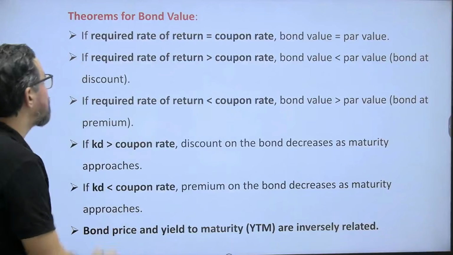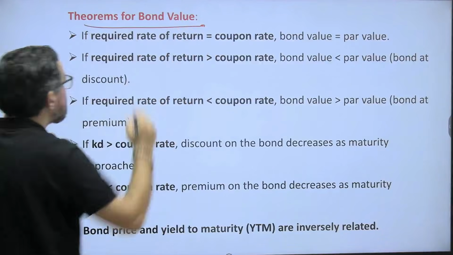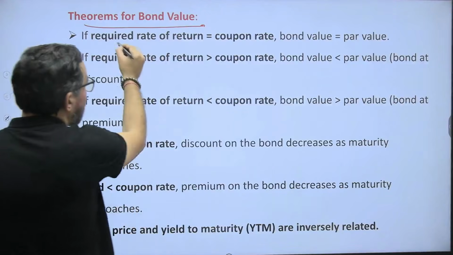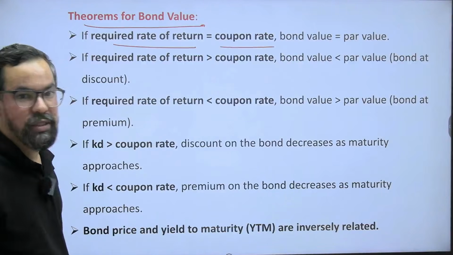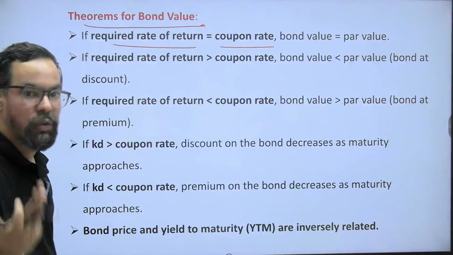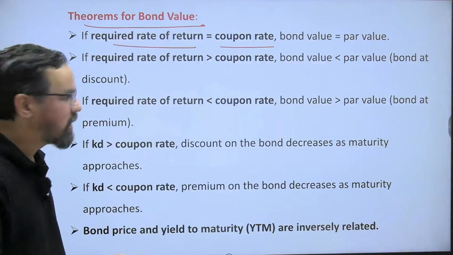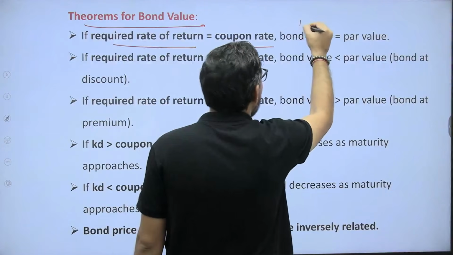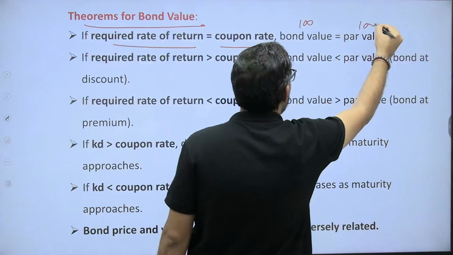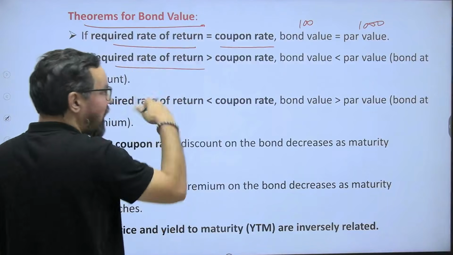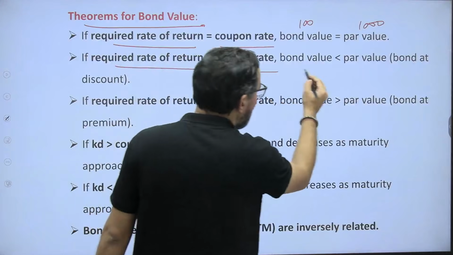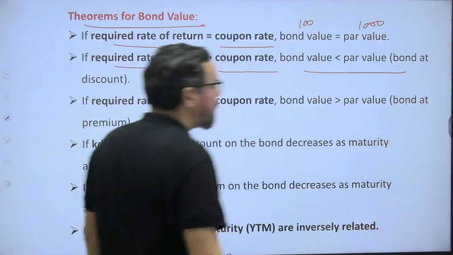So when it comes to theorems of bonds, if the required rate of return is equal to the coupon rate, then the bond value or market value is equal to the par value. Okay? That is the case where your face value is 1000 and market value is also 1000. If the required rate of return is higher than the coupon rate, the bond value is less than the par value.